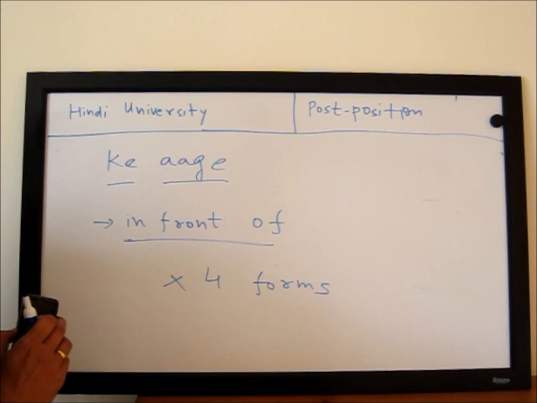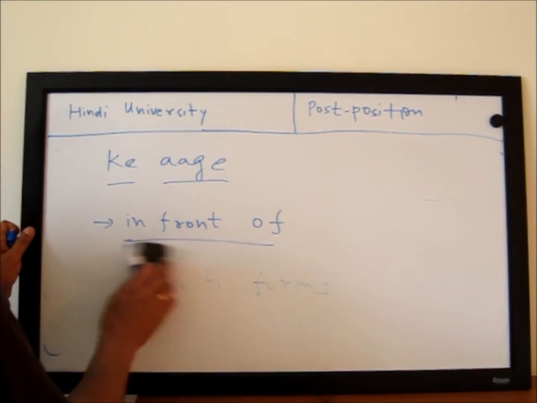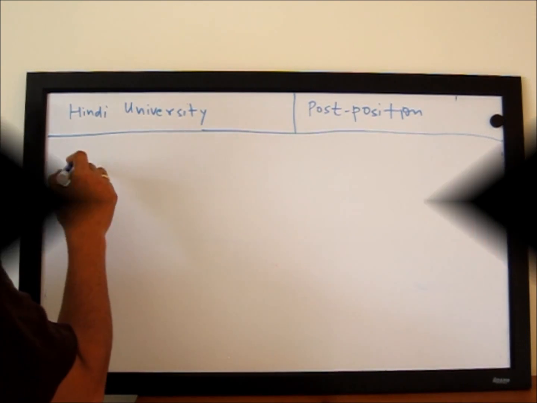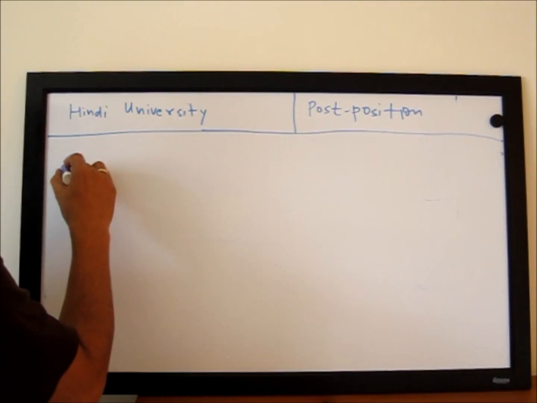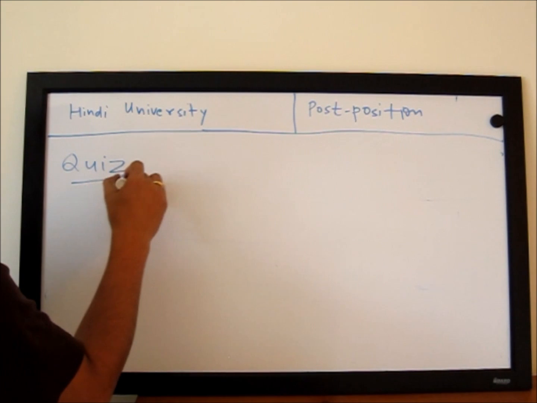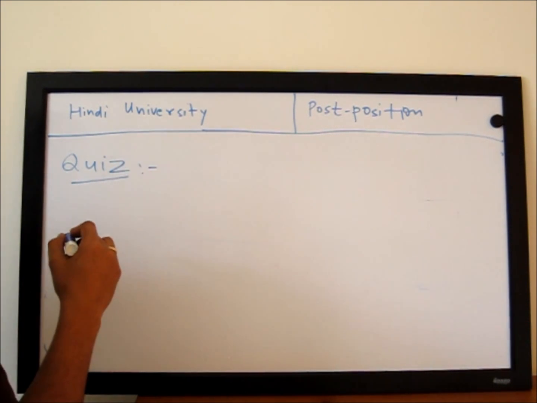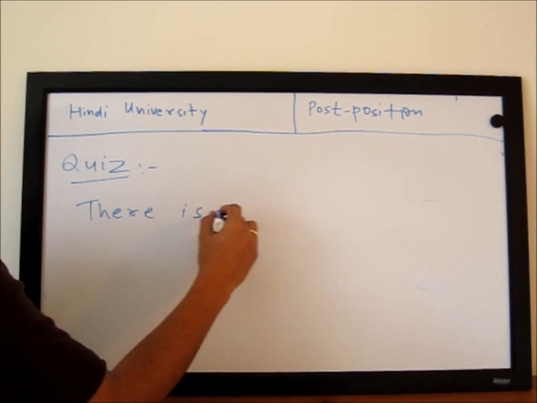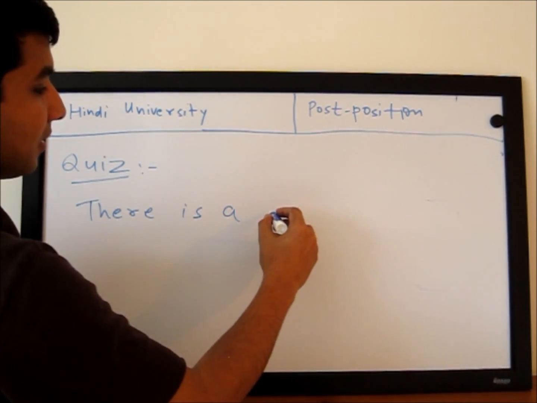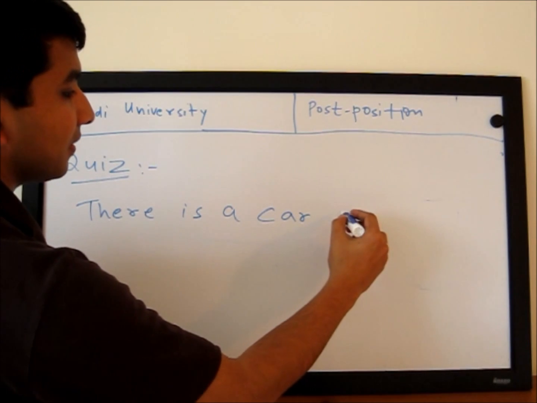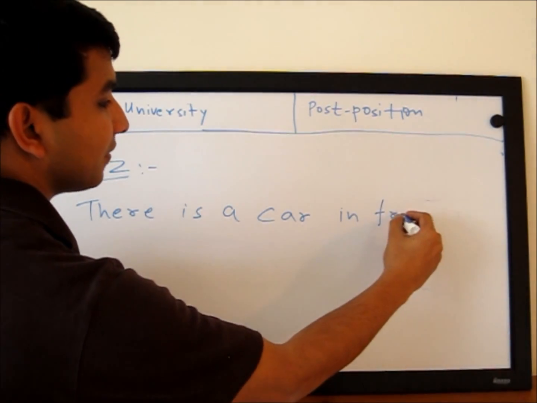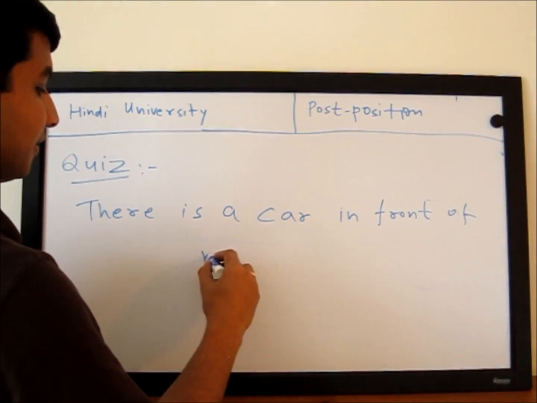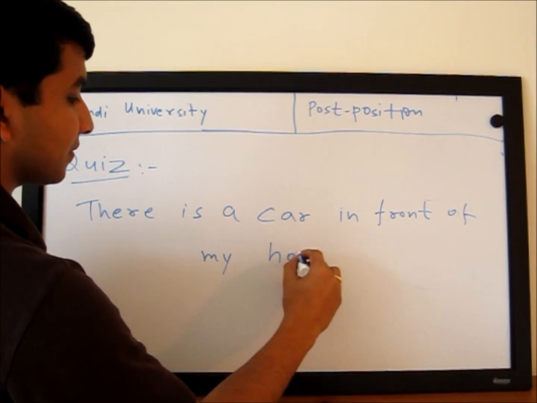Now there is a quiz, and your task is to make several forms of this sentence: there is a car in front of my house.